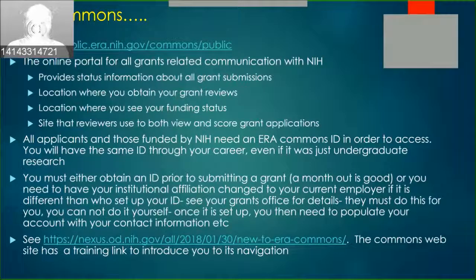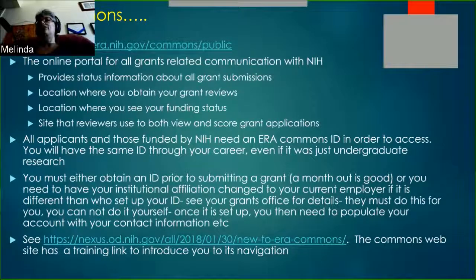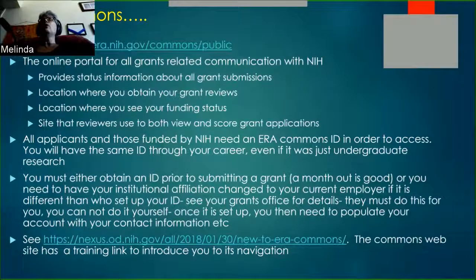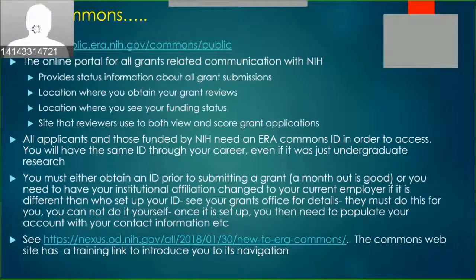The University of Delaware, for instance, uses a system called Cayuse, which is basically a license for grants administration, so that when I submit an NIH grant, I give all the pieces to my grants administrator, and she uploads each piece as it goes to Cayuse.